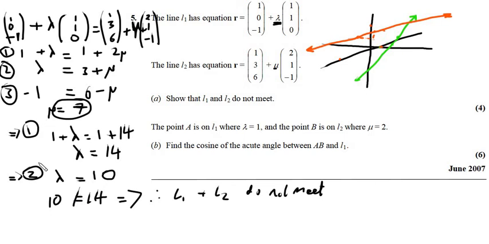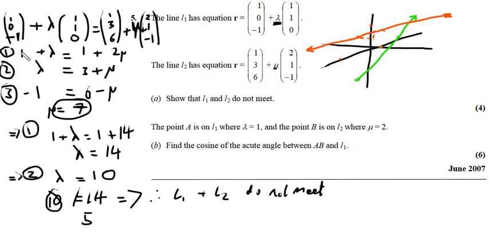But we can confirm this. Let's say we take lambda equals 10 and plug this into equation 1. Then that's going to give us a value for mu of 5, right?